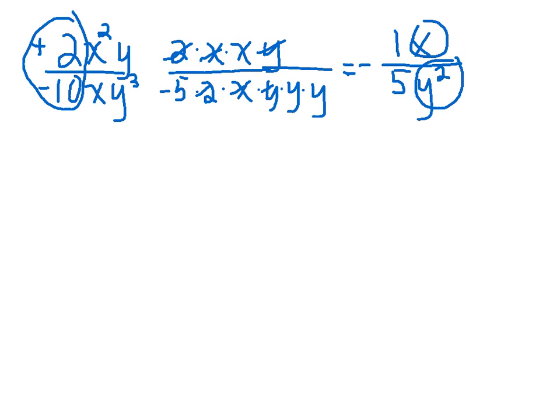Why did that happen? Well, if you look back here, there were more y's on the bottom. The exponent for y was bigger than the exponent on the top. So since there were more y's on the bottom to begin with, that's why the leftovers ended up on the bottom.